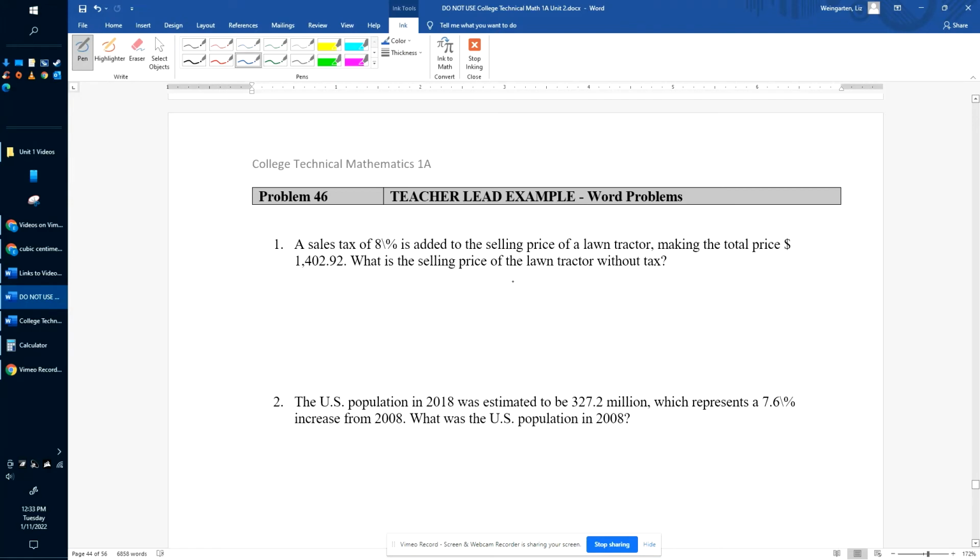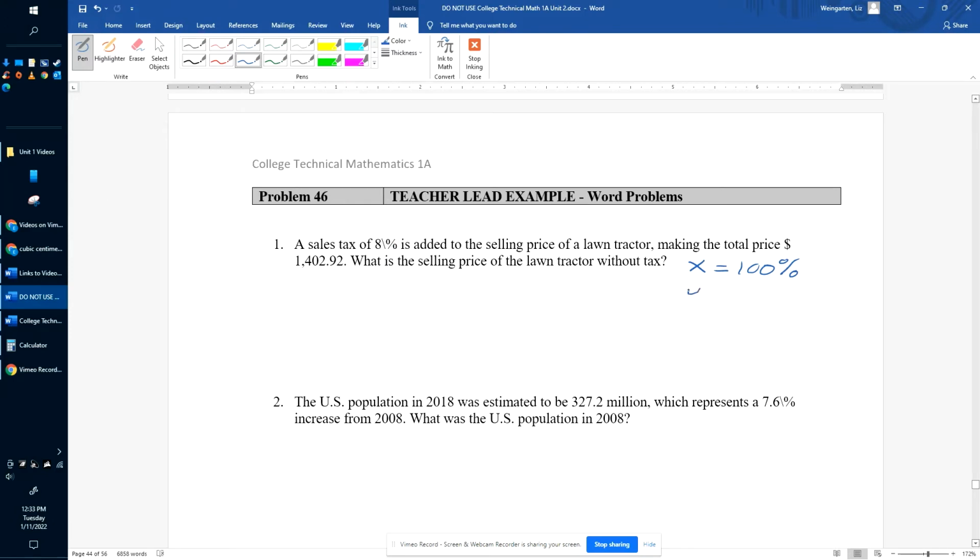So we don't know how much it costs, so we don't know how much 100% of it is. But we do know what 108% of it is, right?